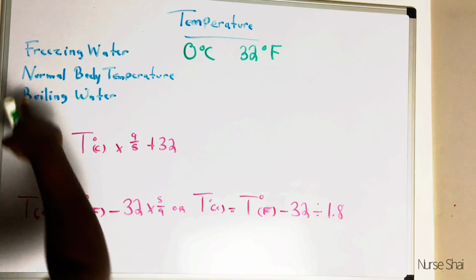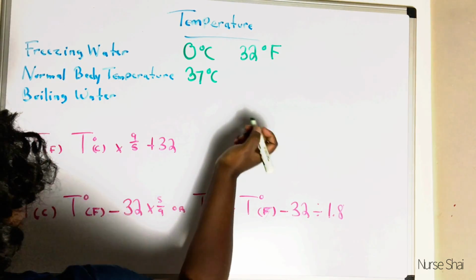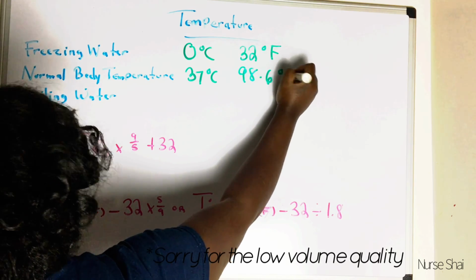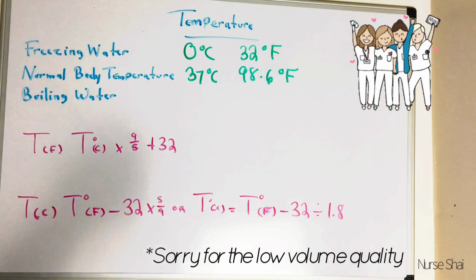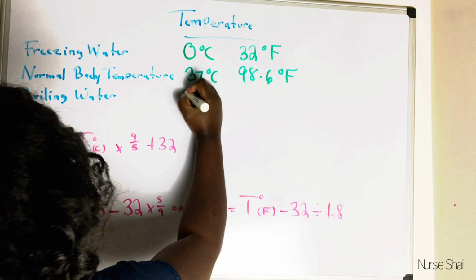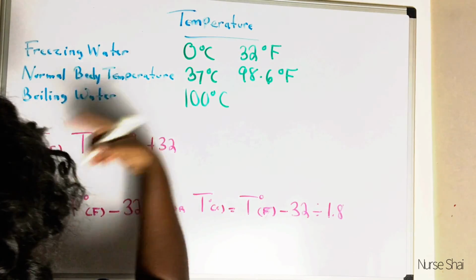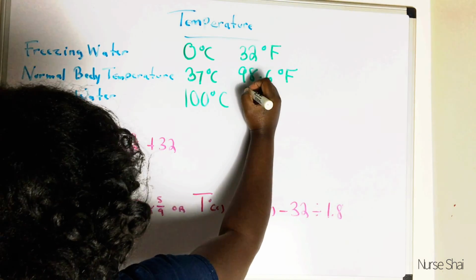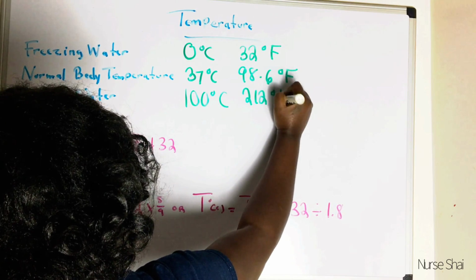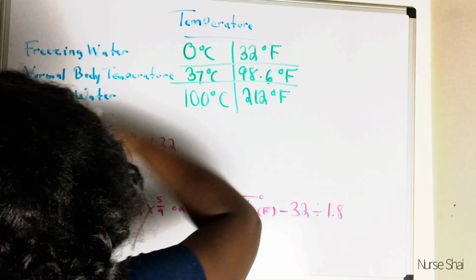Normal body temperature would be 37 Celsius and 98.6 Fahrenheit. If you're a prospective nurse, these numbers are not going away. You will always see these numbers. Boiling water is 100 Celsius, and in Fahrenheit it would be 212.